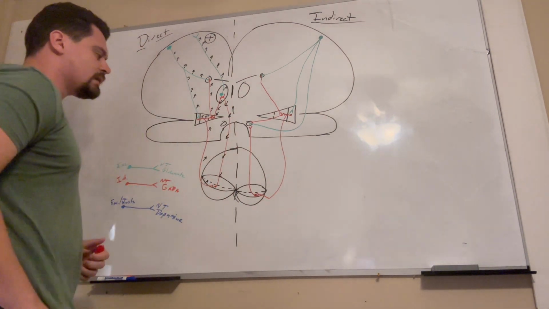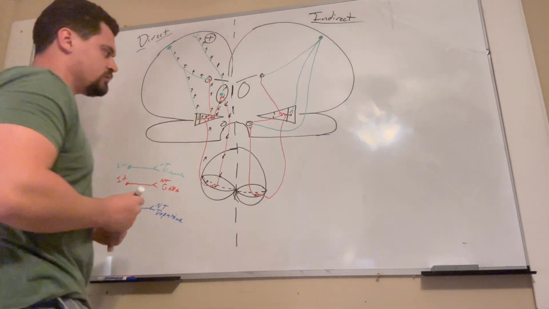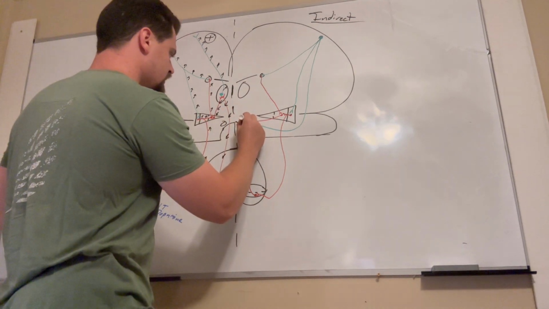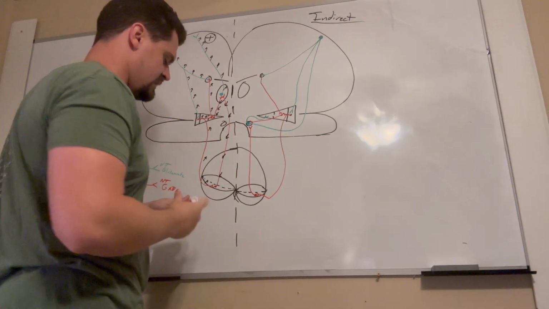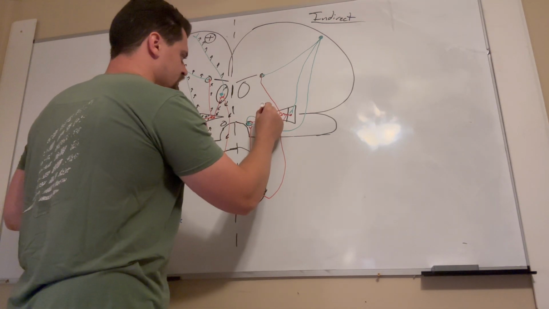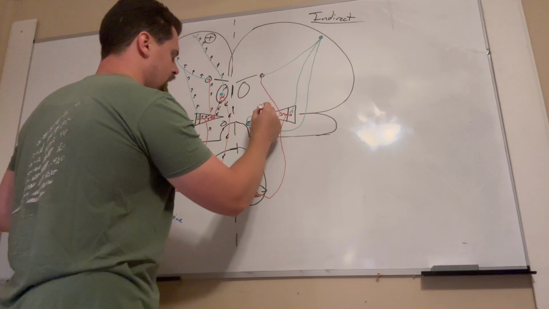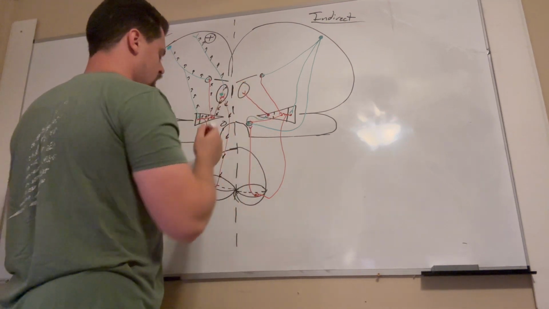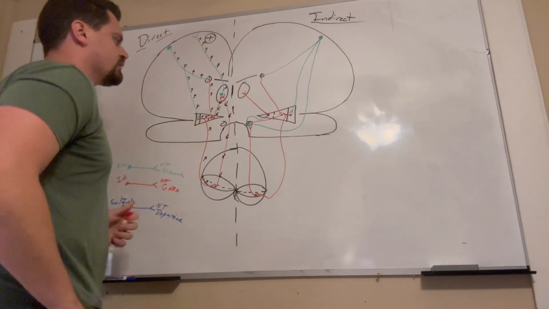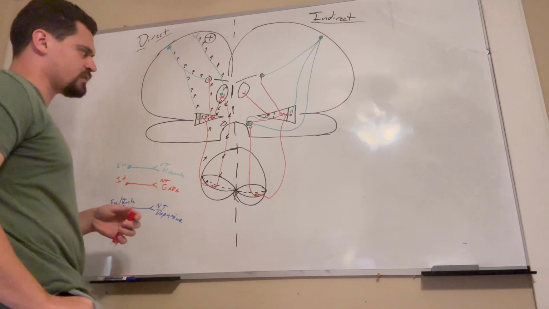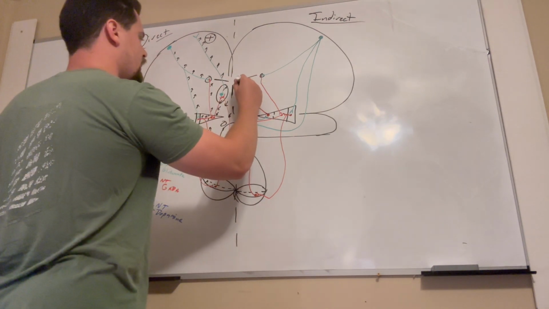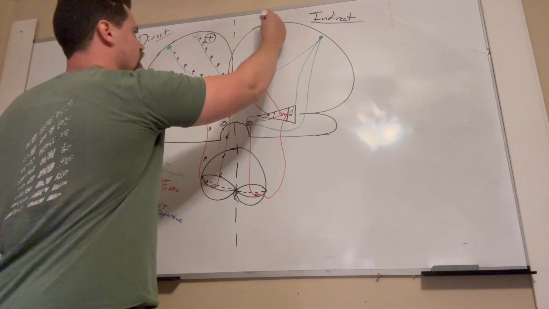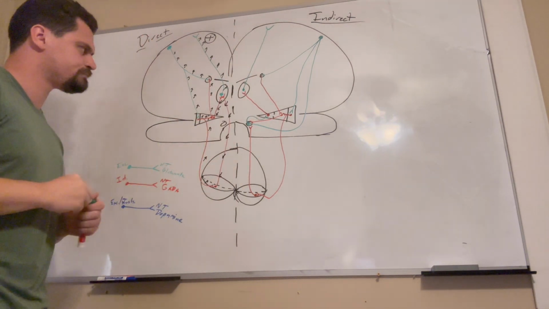But the subthalamic nuclei is going to release a stimulatory neuron to the globus pallidus internus. And then the globus pallidus internus sends its neuron, and this is where it should start to look familiar. The globus pallidus internus does inhibition to the thalamus, but the thalamus does stimulatory information to the cerebral cortex.